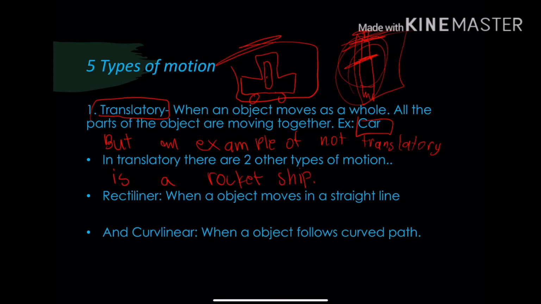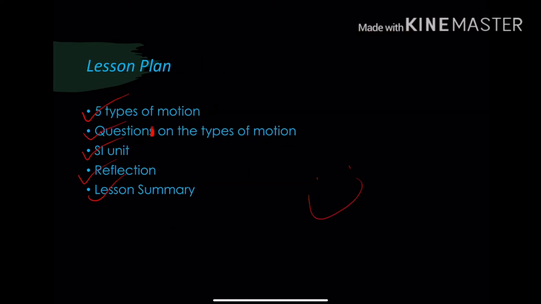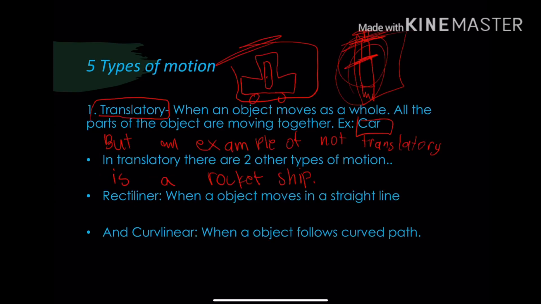In translatory, there are 2 other types of motion: rectilinear and curvilinear. What rectilinear means is when an object follows a straight path.